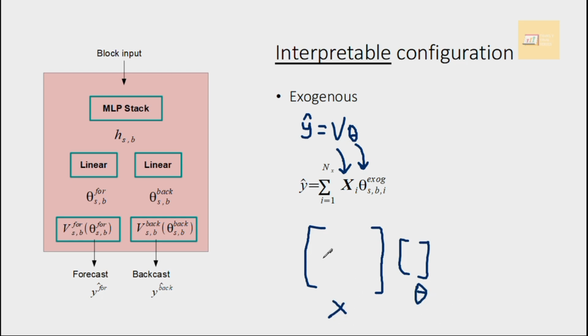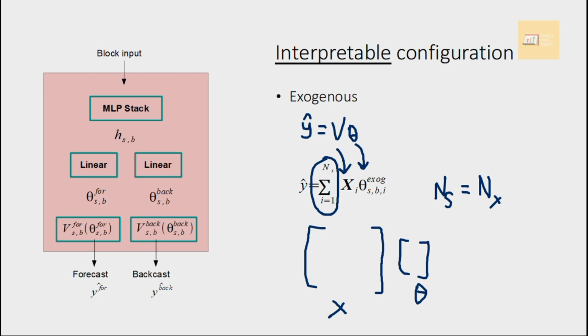The total columns of this matrix can be determined again by the boundaries of the summation. So it's quite clear here that NS, if we are using the exogenous basis, equals NX, or the total exogenous variables.